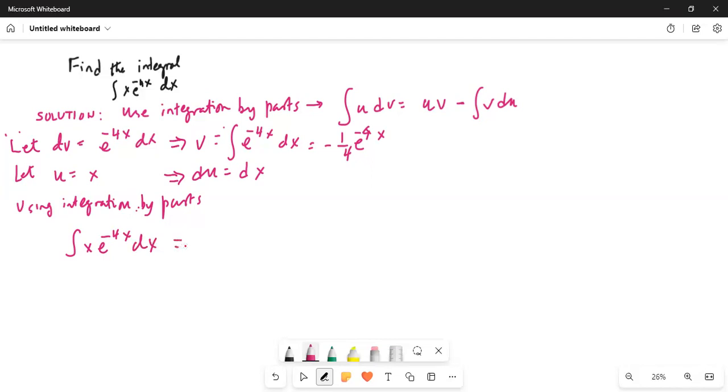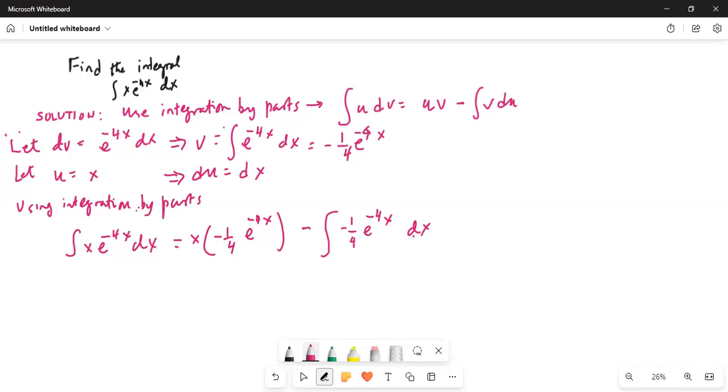Now u times v is x multiplied by minus 1/4 e to the power of minus 4x, minus integration of v du. V is minus 1/4 e to the power of minus 4x, and dx is du. So v du is dx.